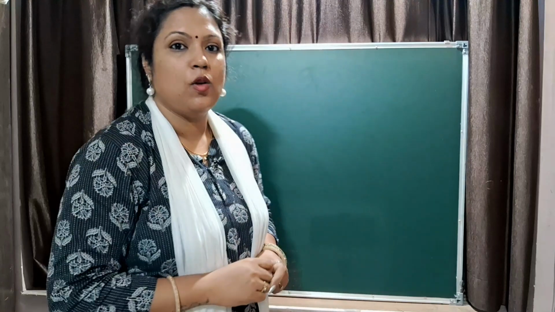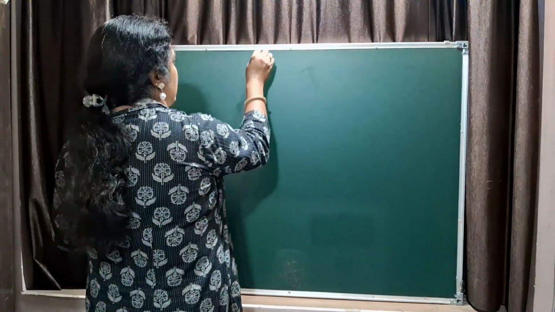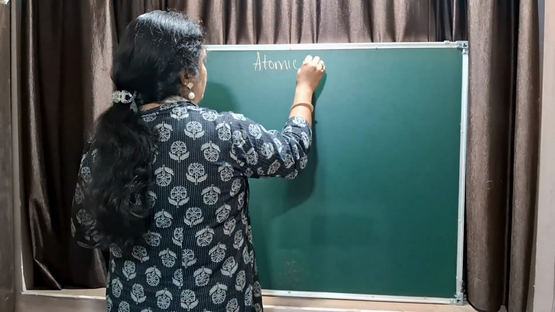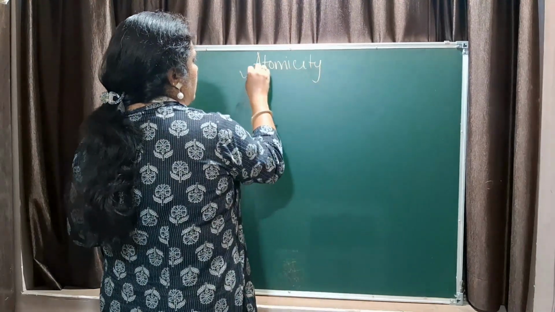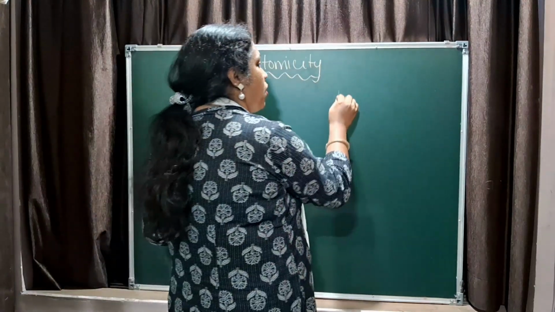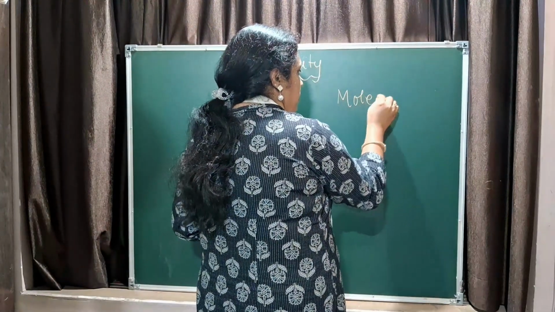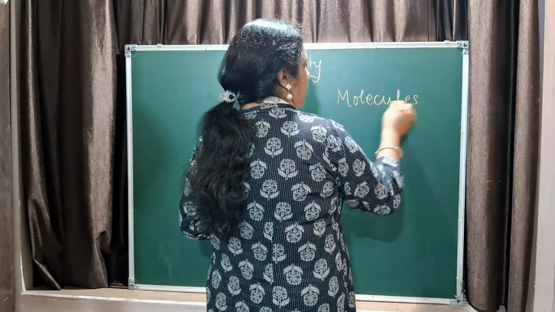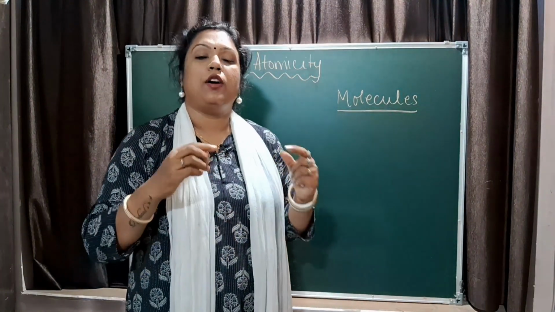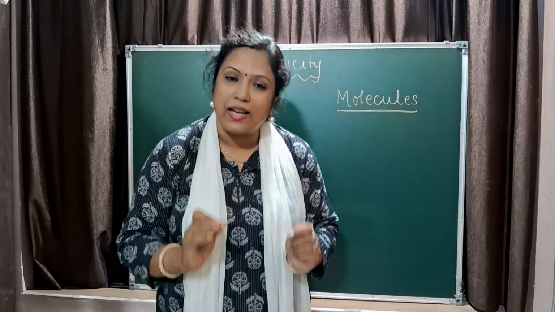So let us begin with the topic, that is atomicity. Now if I say atomicity, we are talking about molecules. Okay, when we are talking about molecules, we are talking about the group of atoms.